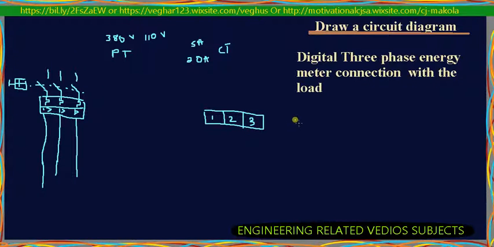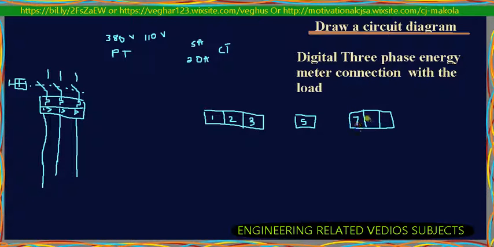This one is a digital energy meter, and the numbering differs. This one ends at 12, another ends at 9. So we have different kinds of energy meters, and you have to check the energy meter before you connect it.